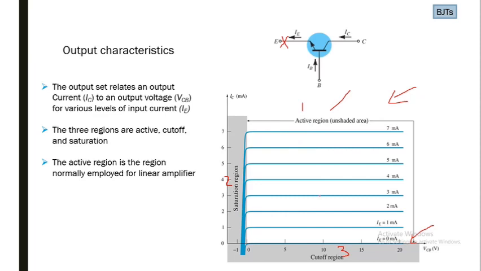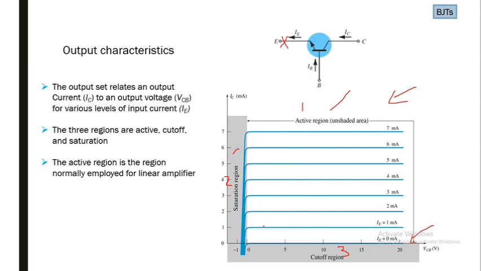And if we want to use the transistor as a switch, then we bias the transistor in saturation and cutoff region. In saturation region, it will behave like a short circuit, and in cutoff region, it will behave like an open circuit. So, as it is written here, the active region is employed for linear amplifier.